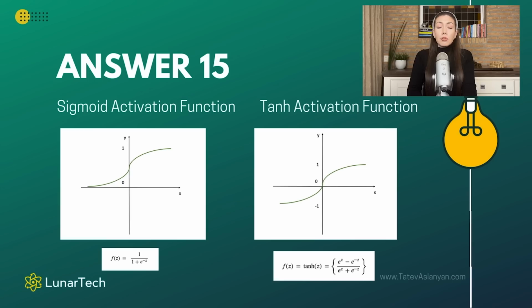But when it comes to using these activation functions for hidden layers, that's something that we want to avoid. So my suggestion would be to use the sigmoid activation function or hyperbolic tanh activation function for your output layers, but then do not use it for your hidden layers because they are prone to the vanishing gradient problem.